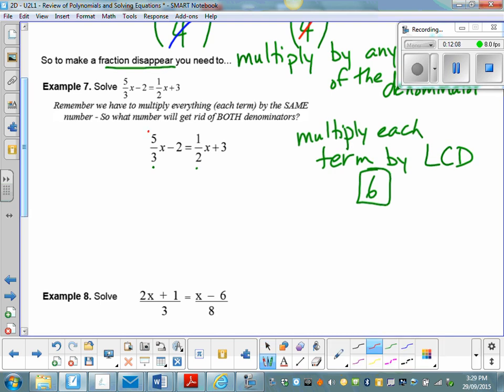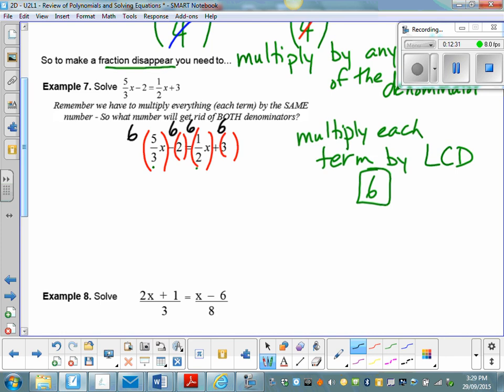So I'm going to put a bracket around each term here. I've got a term there, a term there, a term there, and a term there. Terms are separated by adding, subtracting, or equal signs. And then I'm going to multiply each of these terms by that lowest common denominator.